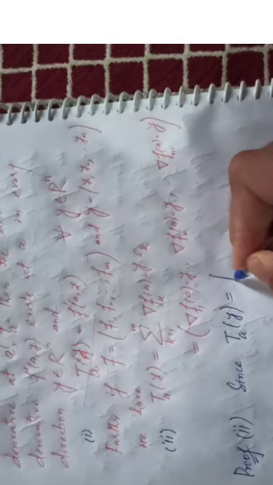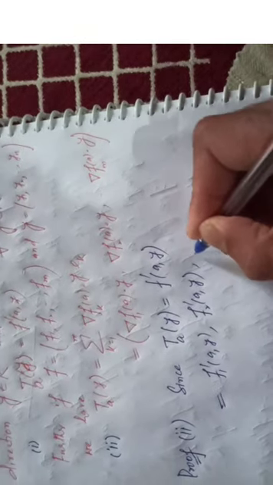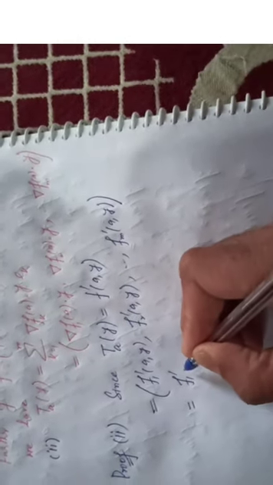Since, as proved in part first, T of a, y is equal to f dash of a, y. But f is an m-tuple, so you can say this is f1 dash a, y, f2 dash a, y, and so on, fm dash a, y, because you can take it component-wise.